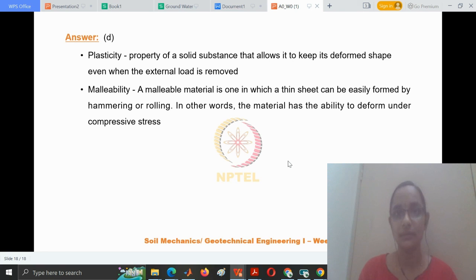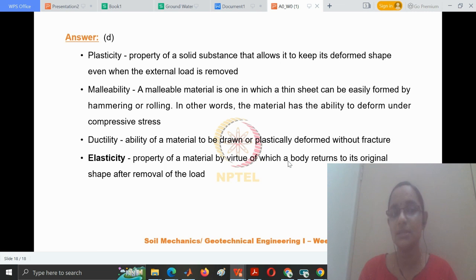What is ductility? It is the ability by virtue of which the material can be drawn into thin wires. So if it can be drawn into thin wires, it is ductile. Thin sheets, then it is malleable. And if it does not go back to its original shape, it is plastic. And if it regains the original shape, it is elastic.